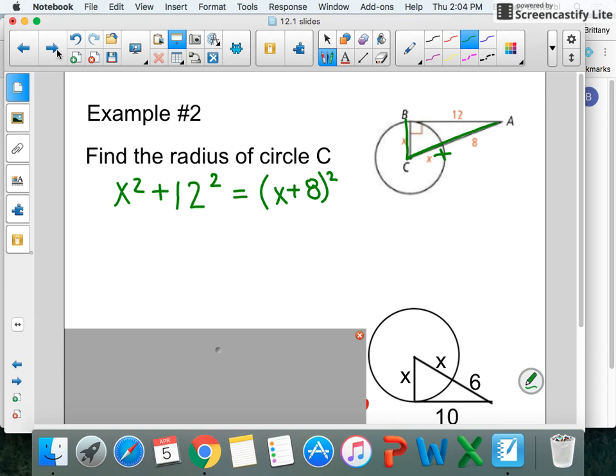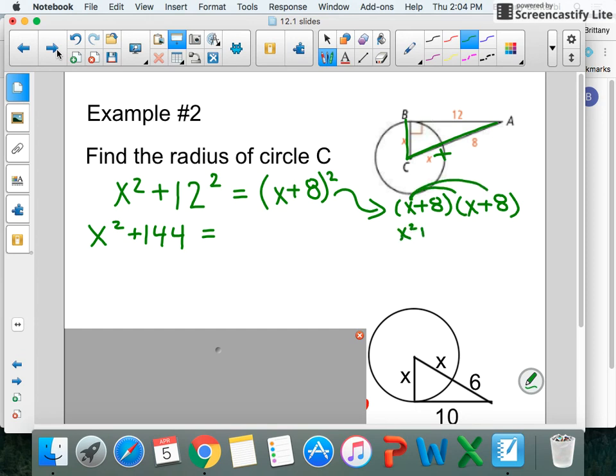So then we have to FOIL everything out. So this is going to be X squared plus 144 equals, now this becomes X plus 8 times X plus 8. So anything squared is times itself. So we do first, and we get X squared plus 8x plus 8x plus 64.